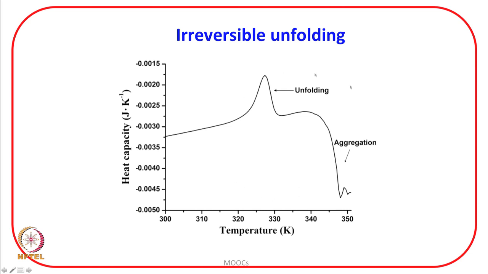And in such cases, the unfolding will more or less always be irreversible. A strong exotherm is associated with association, because an association reaction is an exothermic reaction. Dimerization, trimerization, oligomerization is an exothermic reaction.